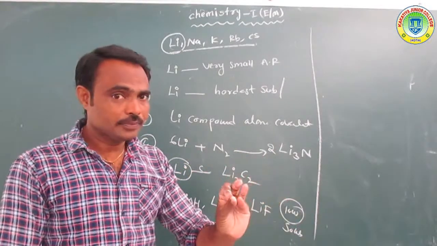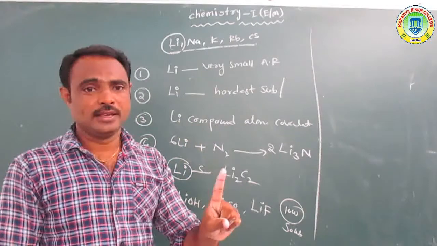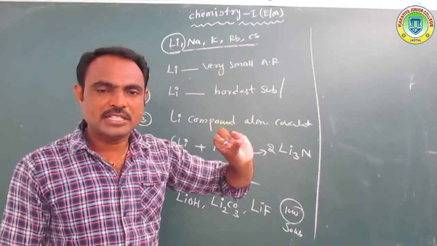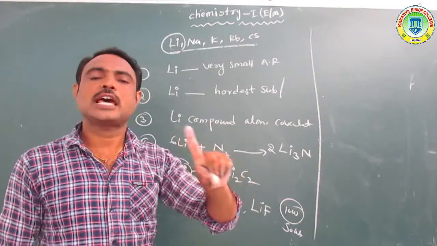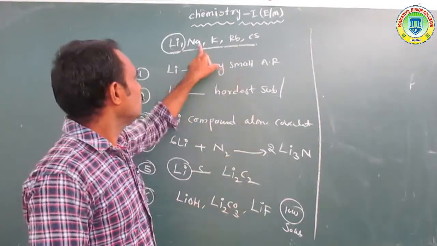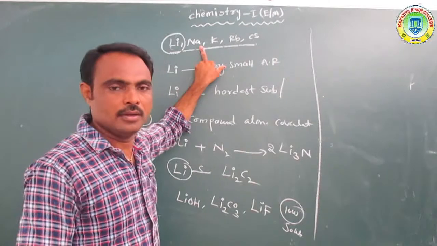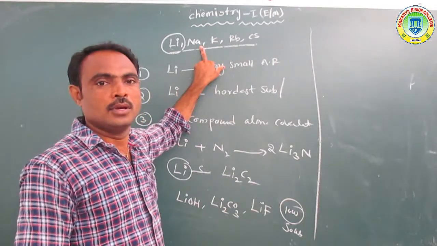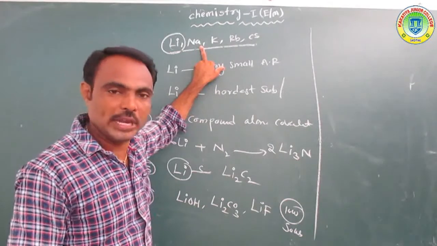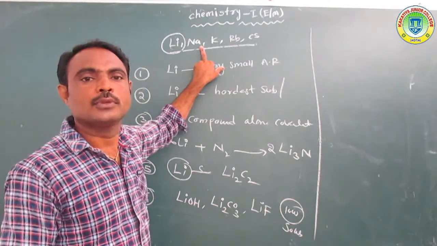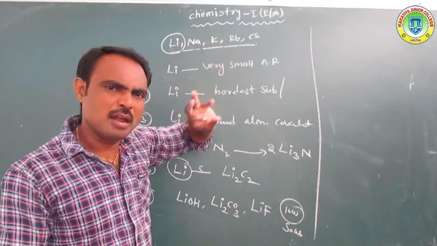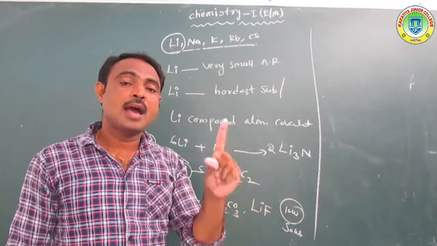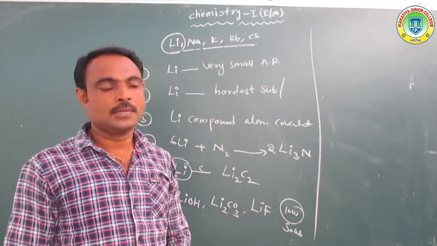But the compounds of all the remaining elements, such as sodium hydroxide, sodium carbonate, sodium bicarbonate and sodium chloride, are easily soluble in water, meaning high solubility.